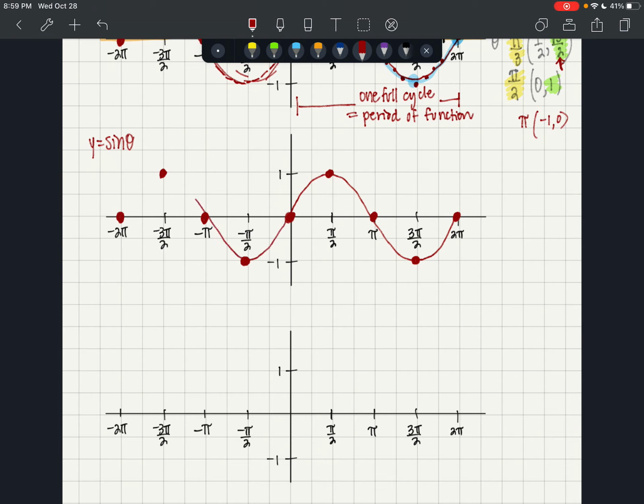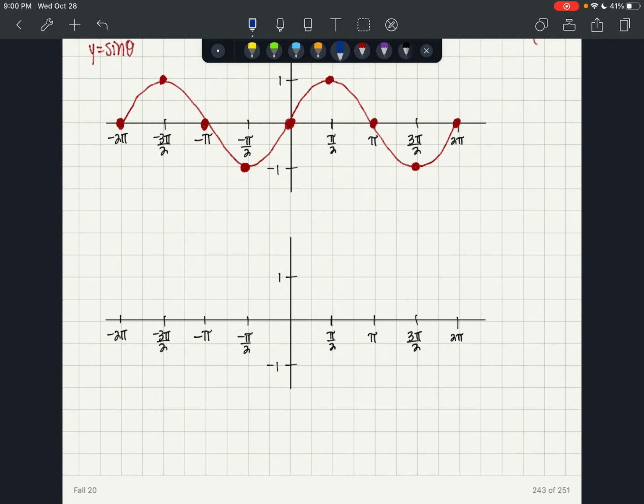And our graph would continue like that. If we could continue on the right, it would go up and keep going. But that's all we have room for. So there are 2 full periods. So that's how the sine graph works.